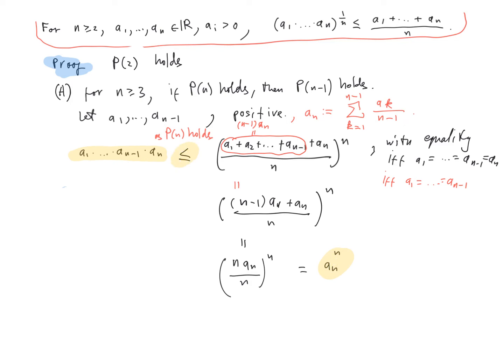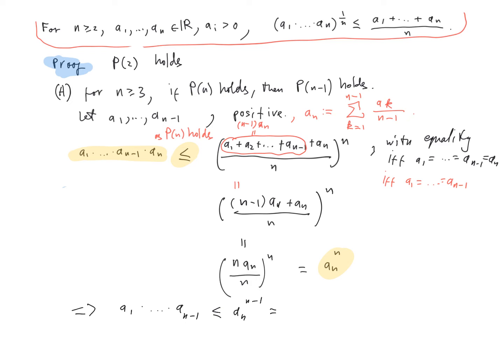Now our task, in order to prove the condition p of n minus 1 holds, we have to estimate the product of a1 up to an minus 1 from above. So we simply divide all parts of this inequality by an, and we arrive at a1 times etc. times an minus 1 is less or equal than an to the power n minus 1.